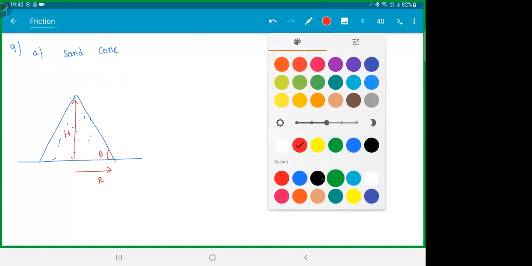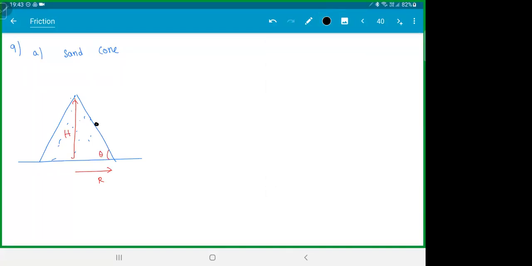If you look at any sand grain here, if you look at the forces on it, this would be mg sine theta. So when it is on the verge of slipping, this will be F max. So we get tan theta is equal to mu, angle of repose, which is nothing but h by r.